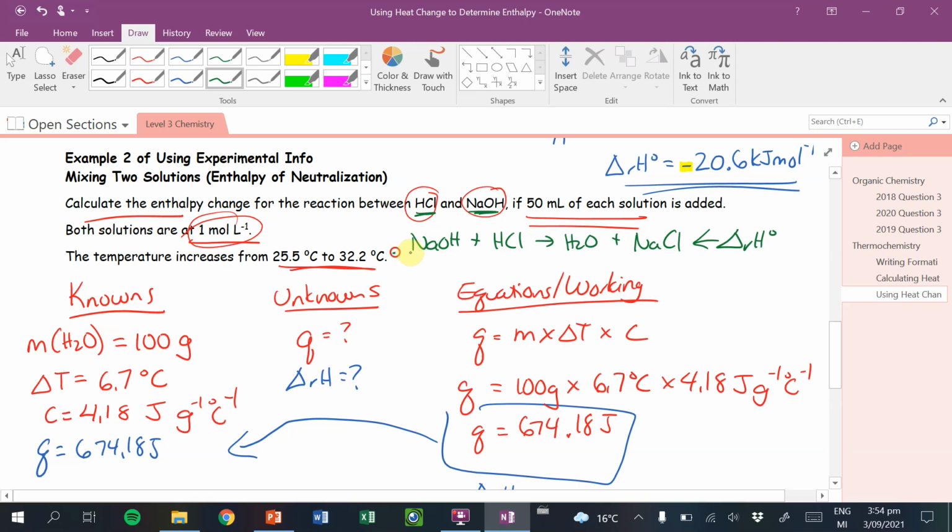Now, the good news is this is a 1-to-1 ratio, so neither of those two things are going to be a limiting factor, and I only need one of them. Basically, you want the one that's going to cause the limiting factor of the reaction. What's going to run out first, mole-wise? In this case, since it's a 1-to-1 ratio and both solutions are at the same concentration, there is the same amount of moles for each one of those reactants. And usually they'll give you that to make your life easier.